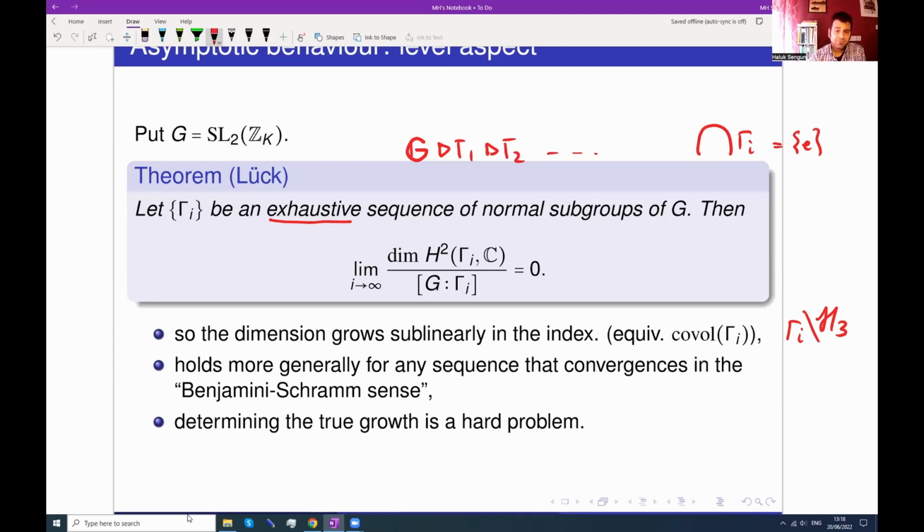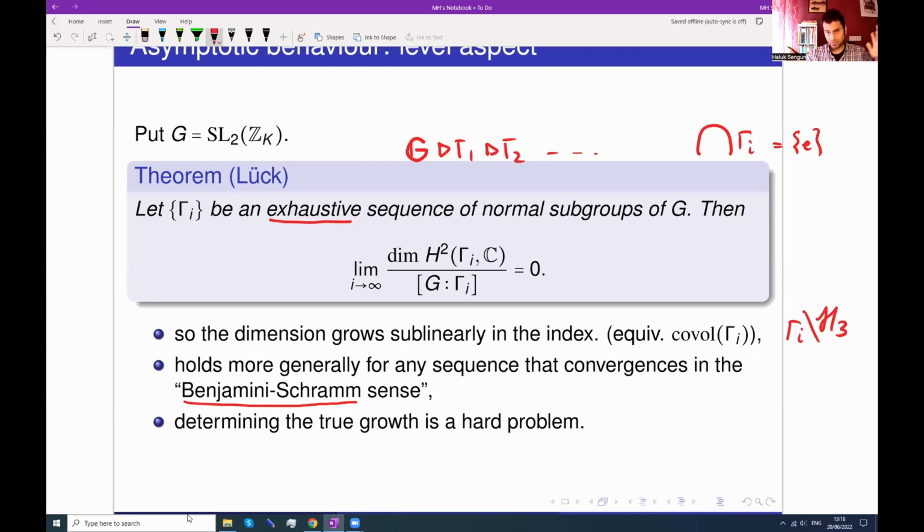And of course, in the last maybe 10 years or more, there has been a lot of interest in these asymptotic behavior questions, and I guess the hypotheses have been weakened a lot. And there's this very powerful notion of Benjamini-Schramm convergence. This allows for, actually, you don't have to take a sequence of one containing the other. So you can take a sequence of arithmetic groups, not even sitting inside the same algebraic group.